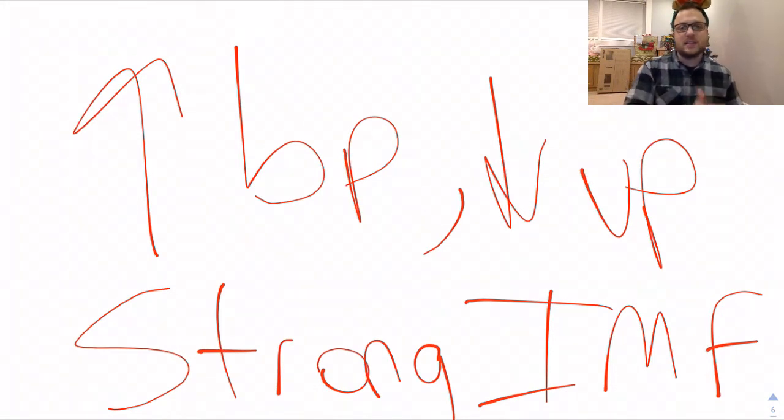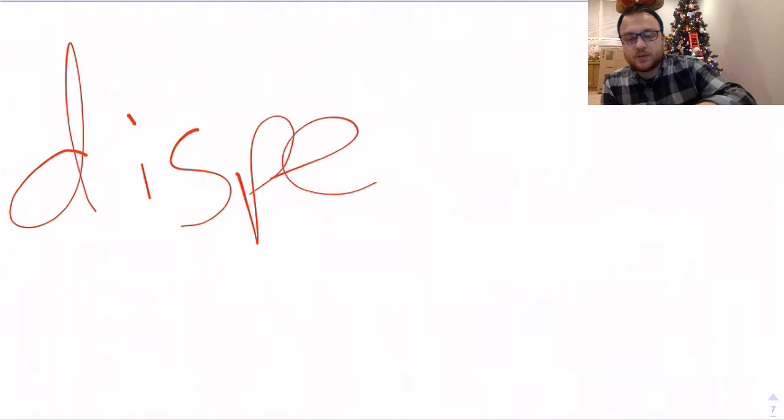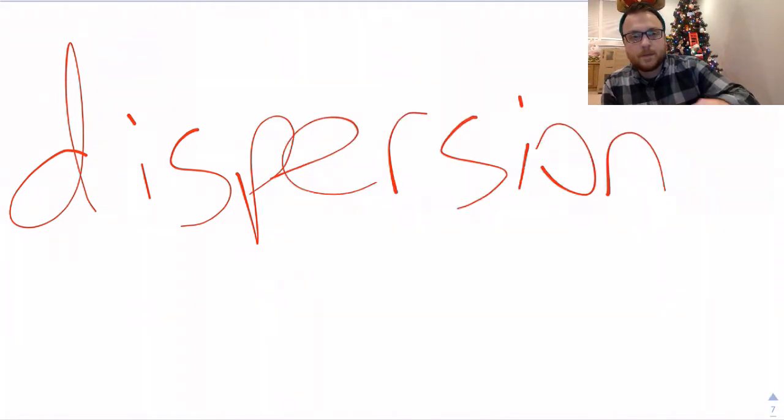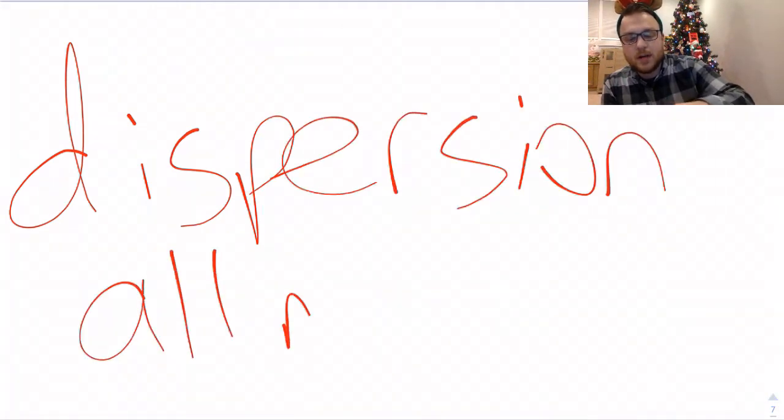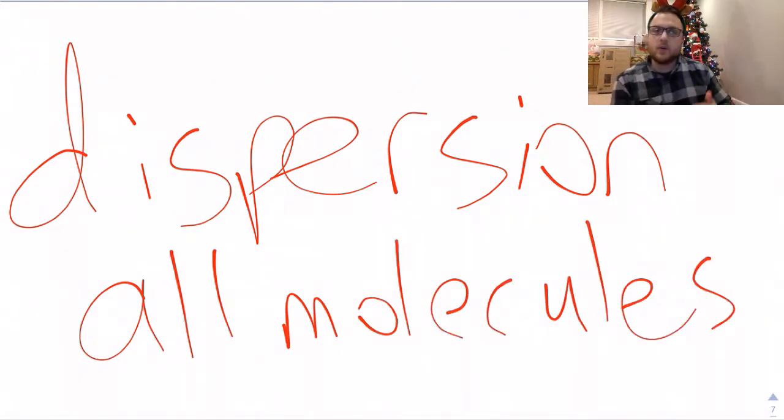So, the first one is called dispersion. And these exist in all molecules. So, if you're polar or nonpolar, and remember we're talking about covalent molecules here, nonmetals and nonmetals, if you're polar or nonpolar, you have dispersion.